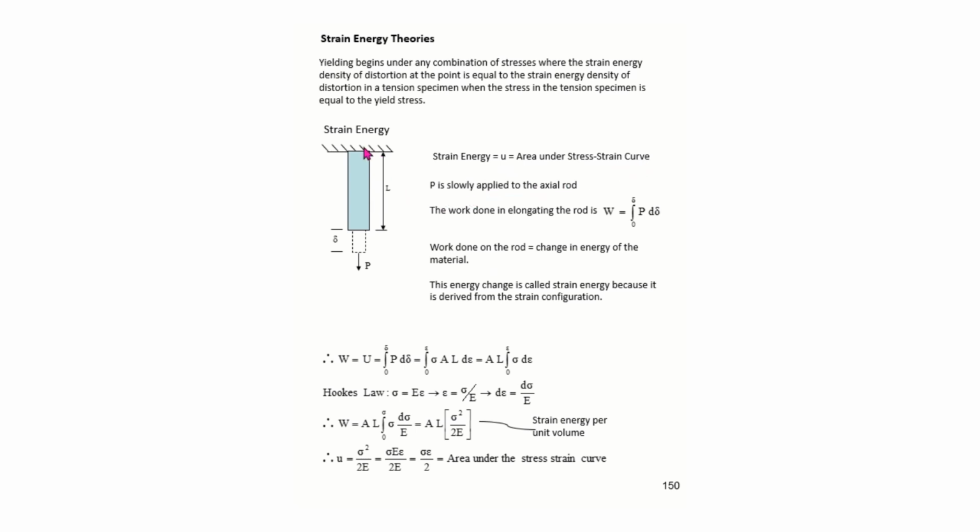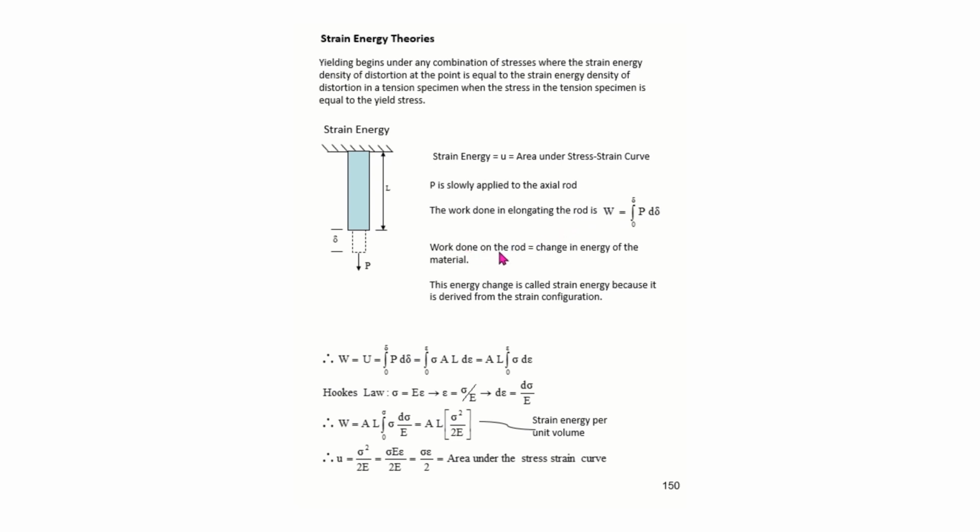In this system over here, if we let P be applied to this axial rod of length L, we get a deflection delta. And the work done by P is P times delta, and we integrate P delta to get the work done in elongating the rod.